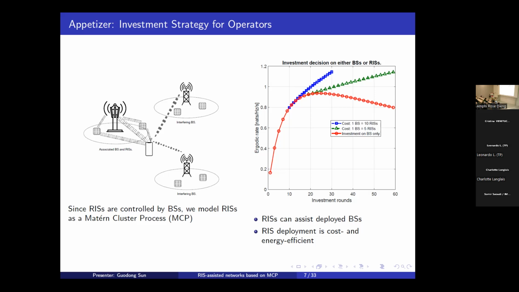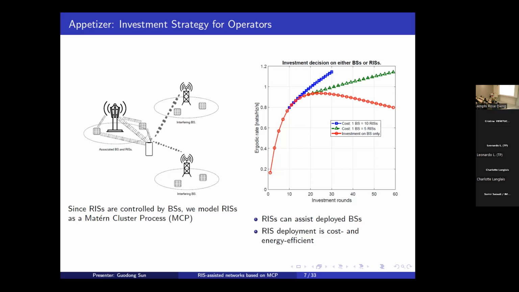The right figure is an appetizer of this work. At the end, you will find how to deploy the network strategically. You can have an ergodic throughput. The strategy described here is called the investment policy. It means you start with deploying base stations, and then up to a certain degree, the interference becomes a killer.